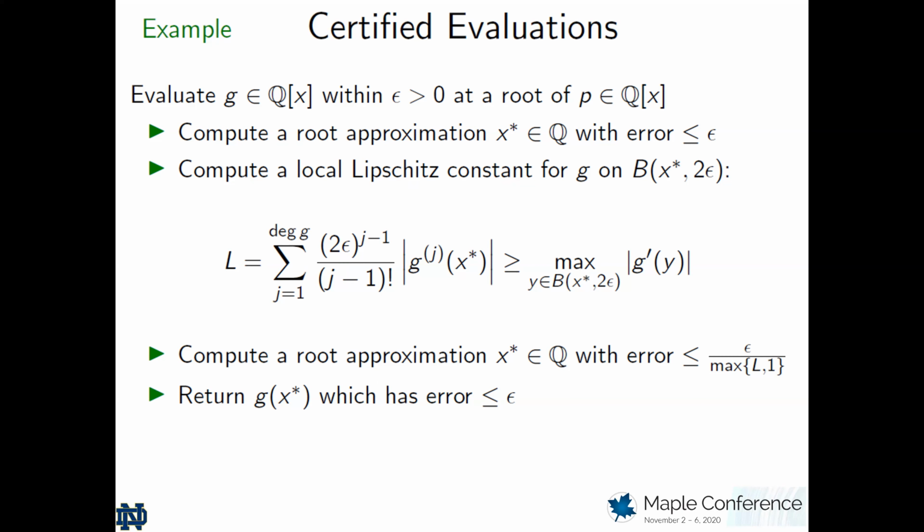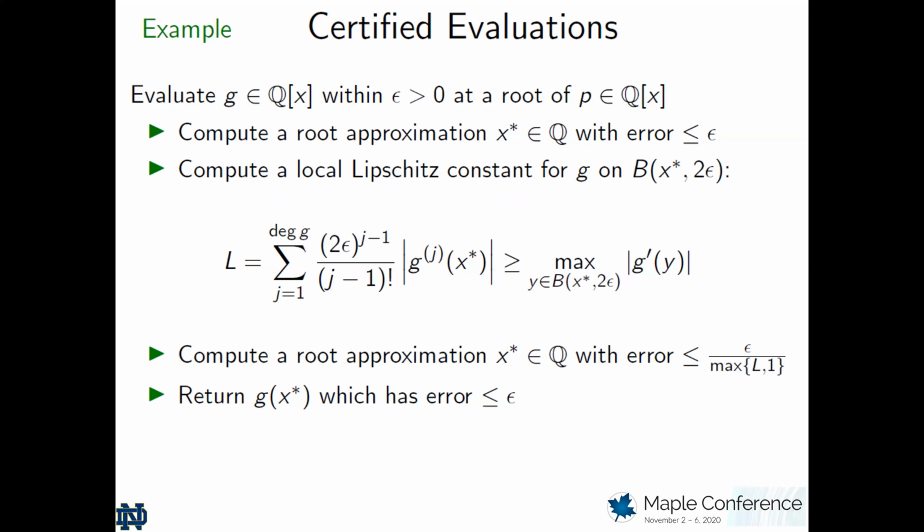From there, we can then compute a new root approximation where the error is epsilon divided by the maximum of 1 and this local Lipschitz constant. And then as soon as we have that new x star, we evaluate our function there, and we're guaranteed to have the error at most epsilon.